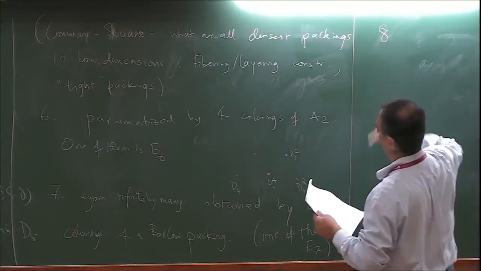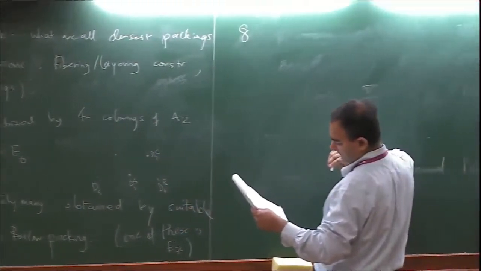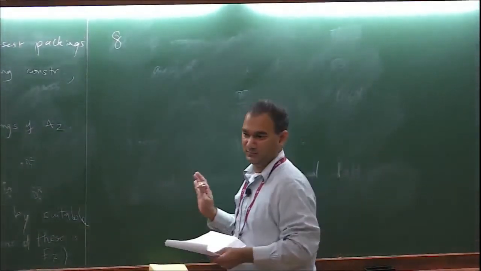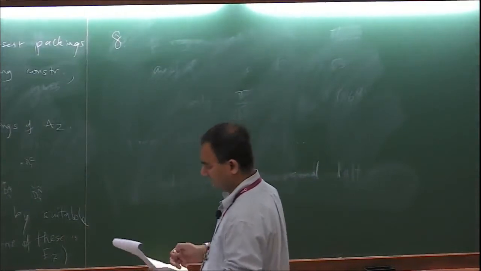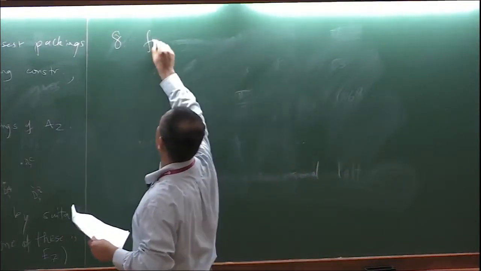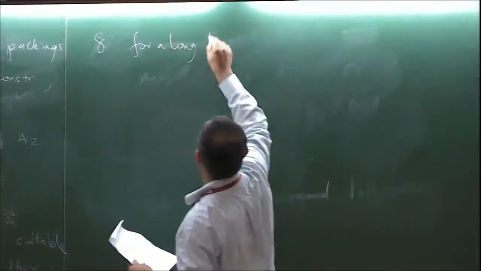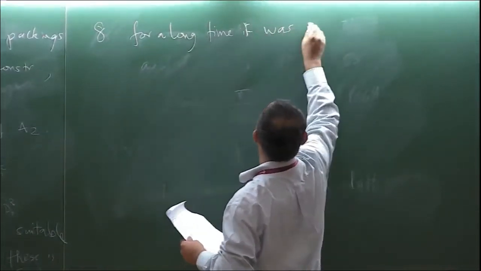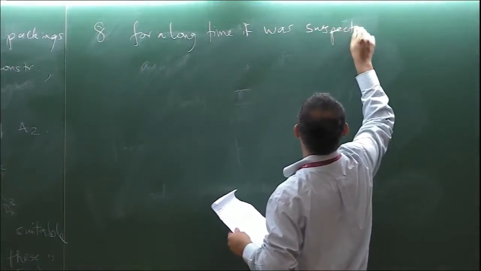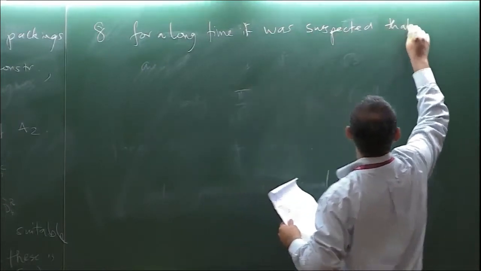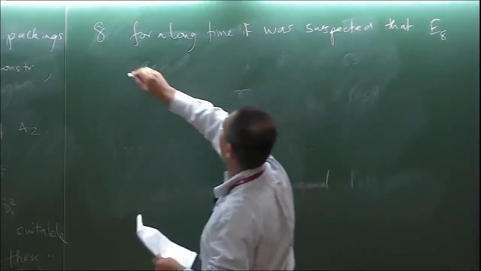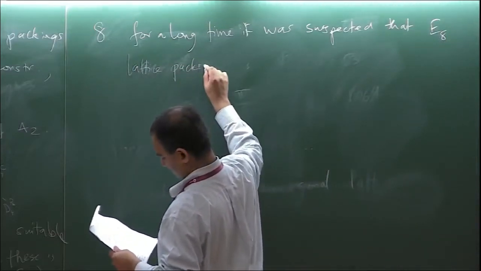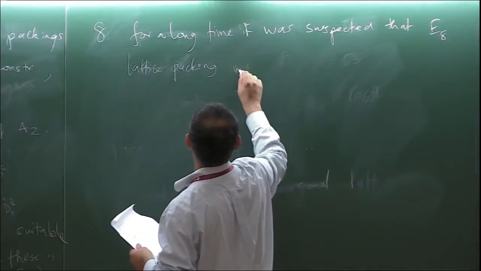And then in 8 dimensions, something magical happens. So there's only one packing which turns out to be the densest. So let me just say for a long time, it was suspected that the E8 lattice packing was the unique densest.